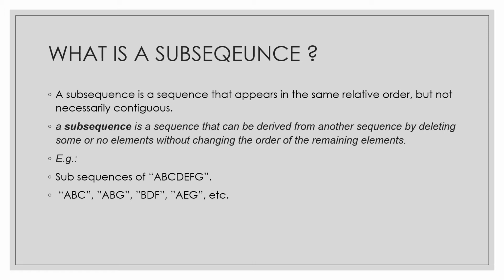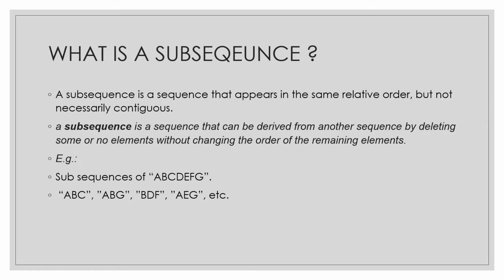The important thing to note here is that we are not disturbing the order of the characters. Similarly, in the second example A, B, G, we are not disturbing the order. First A appears, then B appears, and then G appears. In between we are deleting the elements C, D, E, and F. In this way we can find further subsequences of the given sequence of characters.